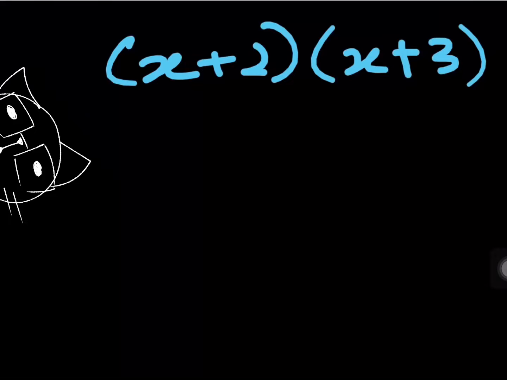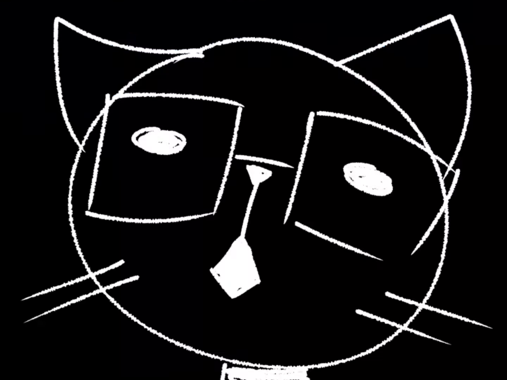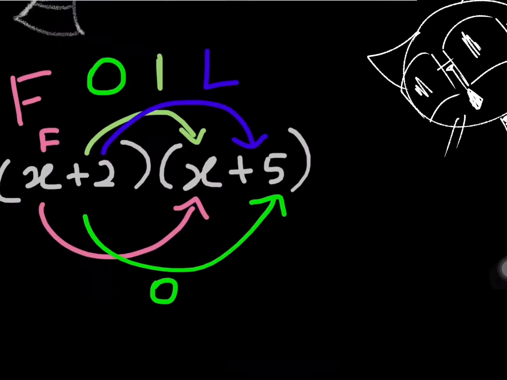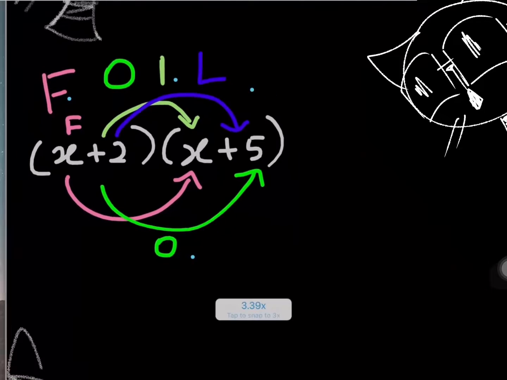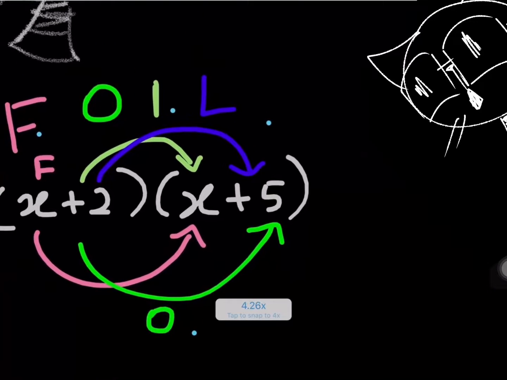Now there's a method to expand these, and it's called foiling. As you can see, this is how foiling works. We start with first, outside, inside and last. So we'll foil these two sets of brackets or expand them.